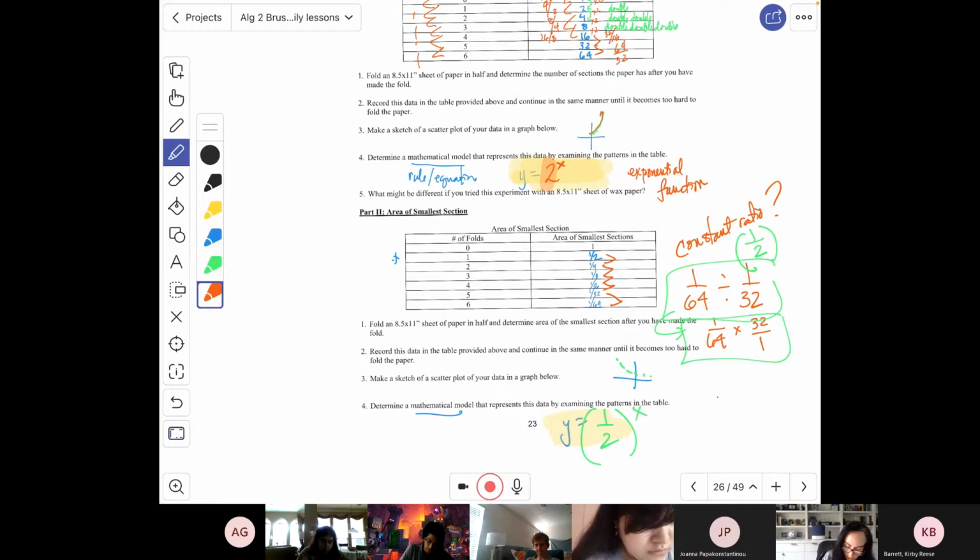Again, the constant ratio is the base for your exponential function. It's quite nice. So you should be able to determine if it's at least linear, quadratic, or cubic, or quartic, or quintic, or exponential at this point, based on this activity.